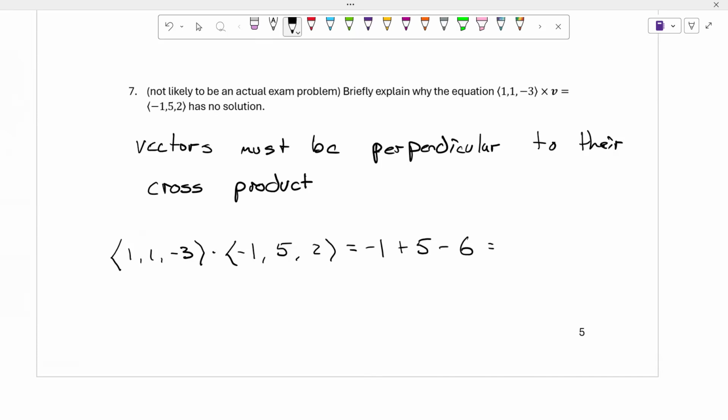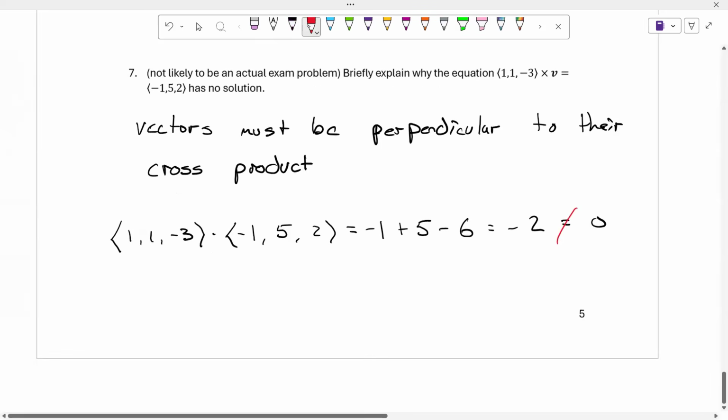And then -1 minus 1 is -2. So if I've done my math right, this is not 0. At which point I've shown those 2 vectors aren't perpendicular, so there should be no solution to the equation above.